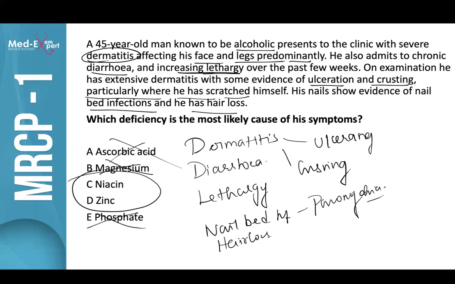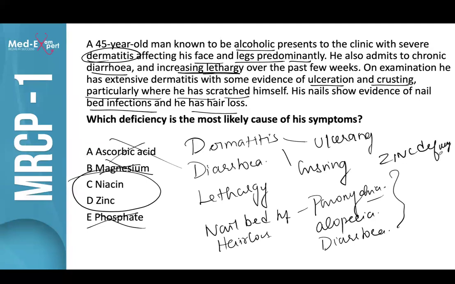And what else is happening here? He has extensive dermatitis, some hair loss, some alopecia, and he has diarrhea. These features associated with alcoholism are more in favor of zinc deficiency.